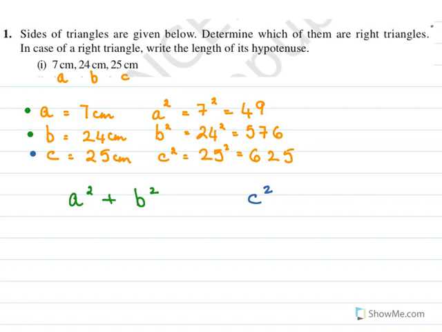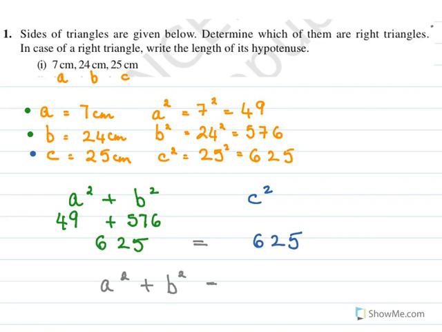We saw our A square is 49. Our B square is 576. And then you add up, you get 625, and we see the C square is also 625, so it's equal. So now we can say that A square plus B square equal to C square.